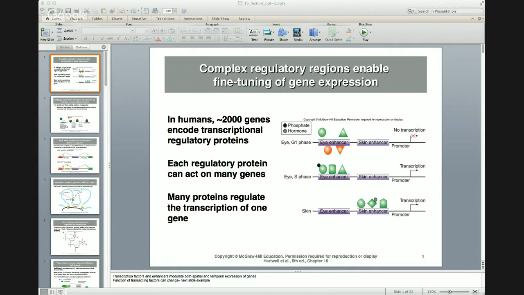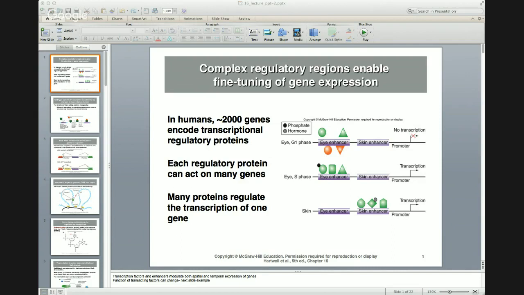We know that the growth of facial hair in males is under control of testosterone, that's a hormone. This type of regulation needs to be cell specific, because you don't want facial hair growth or hair growth occurring all over the body. So it has to be specific to that cell type.